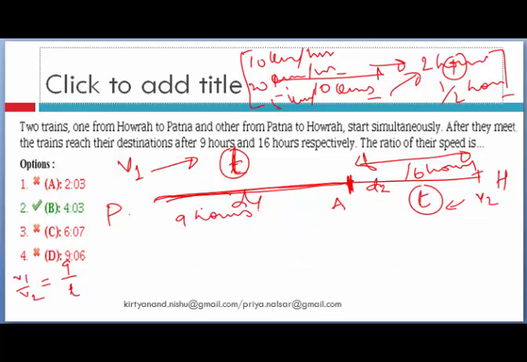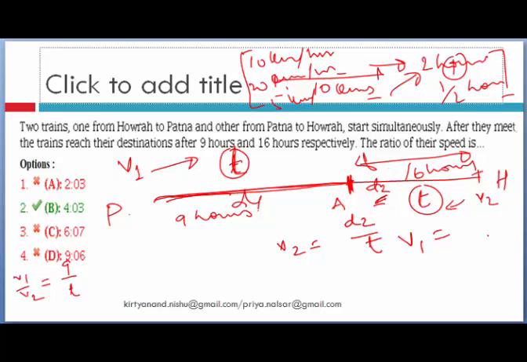Okay, so for this particular part we have already done this, and now for the next part, very quickly, for this part also, let us say this is d2. So v2 here is nothing but d2 by t, because it covered this part d2 in t time, and again v1, this train took 16 hours to cover this area.